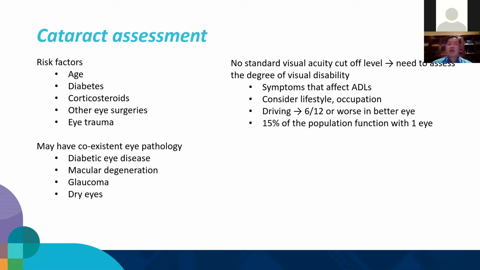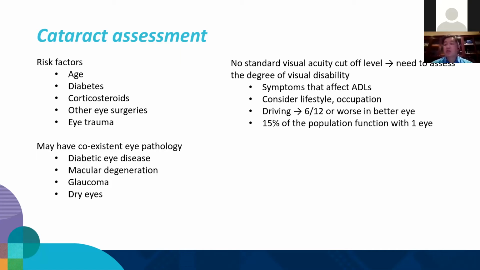So look, if the vision is 6/12 or worse in the better eye, so both eyes have to be equally bad, then obviously that's going to affect their lifestyle. However, even if they've completely lost vision in one eye and in the other eye the vision is still 6/9 or 6/6, still pretty good, they can still function quite well.